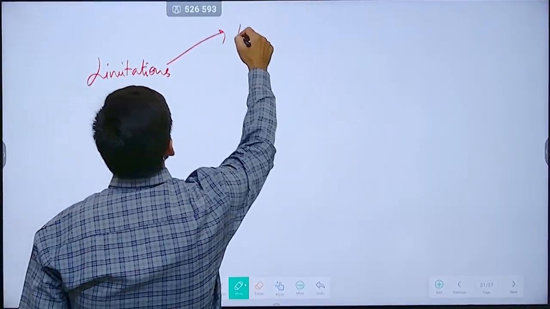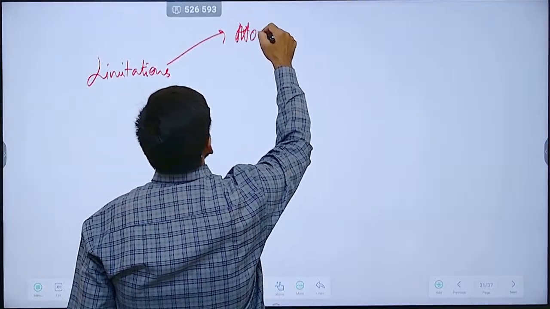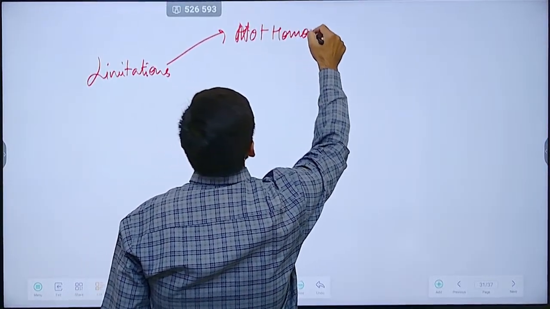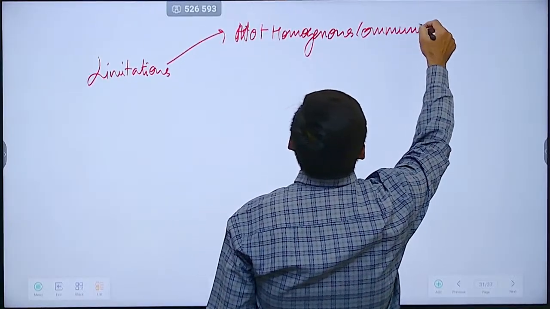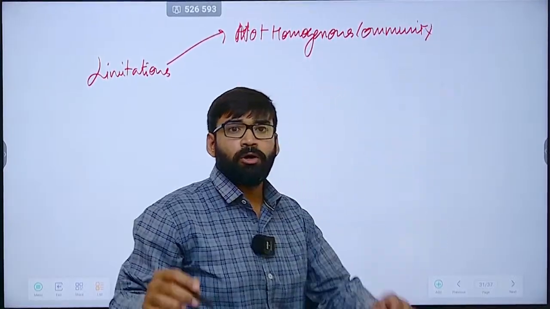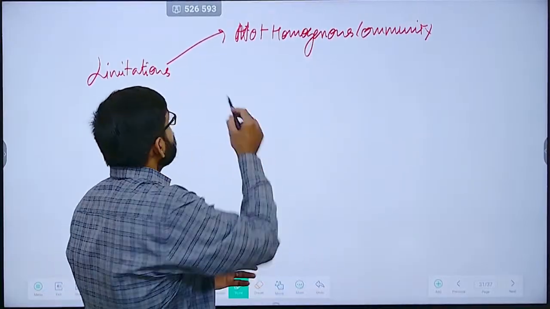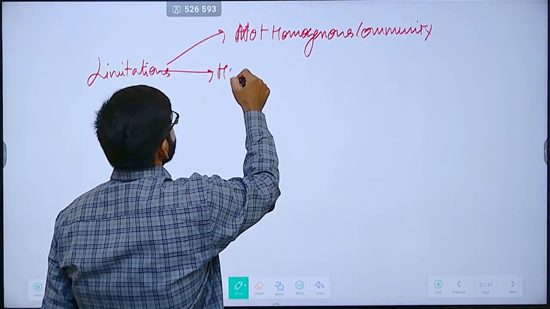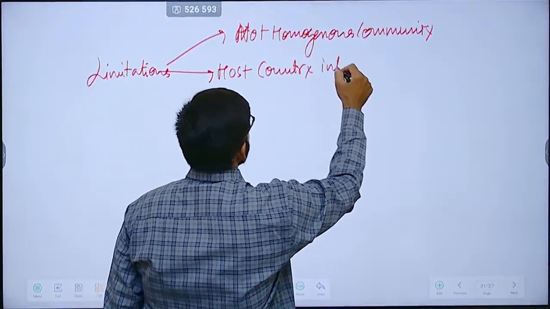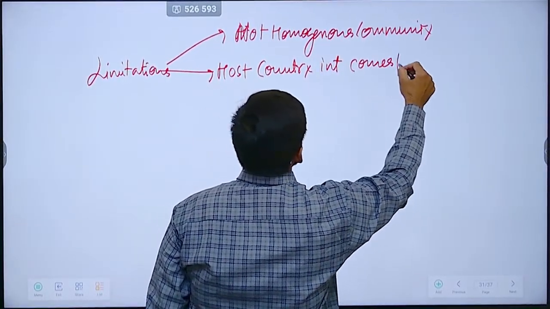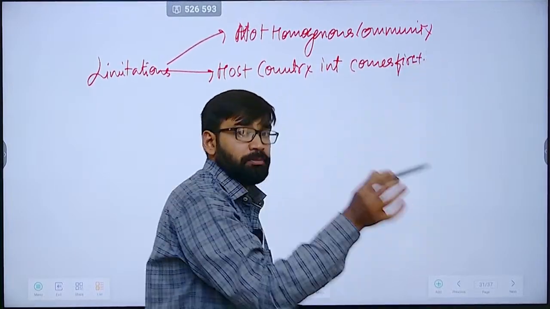That they are not a homogeneous community. Clear? Not homogeneous community. Then for them, host country interest comes first, because now they are the citizen of that particular country.